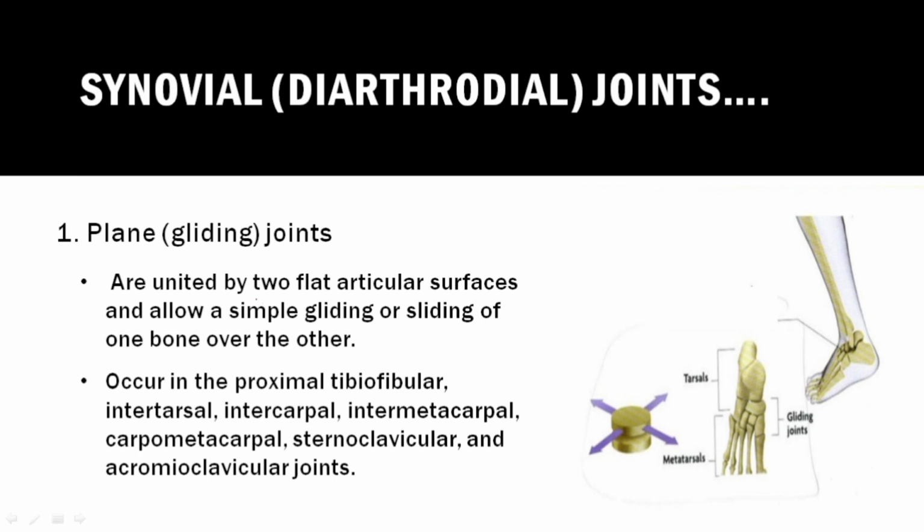Here we have two flat articulating surfaces that glide over each other to form this joint. We can see an example of how it appears here, and we find this kind of joint at the sternoclavicular and also at acromioclavicular joints, among other sites in the body.